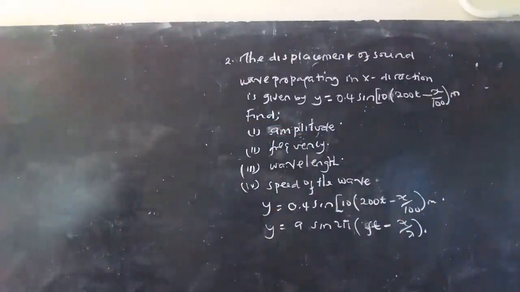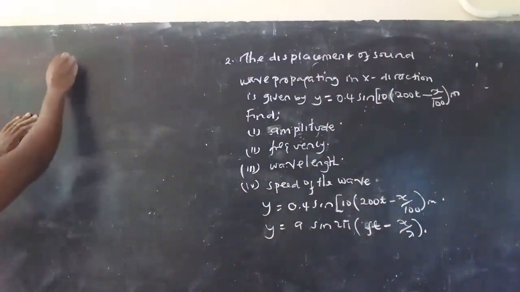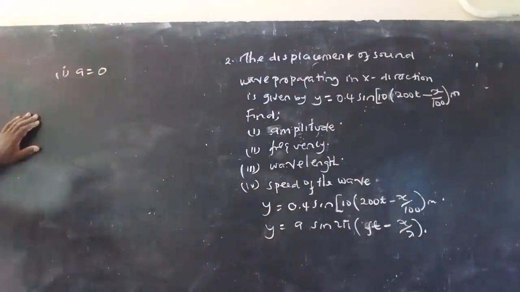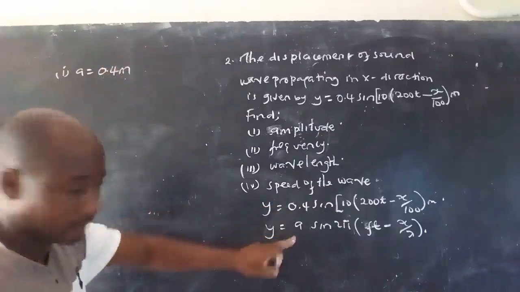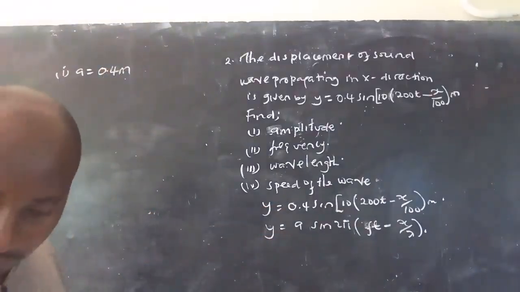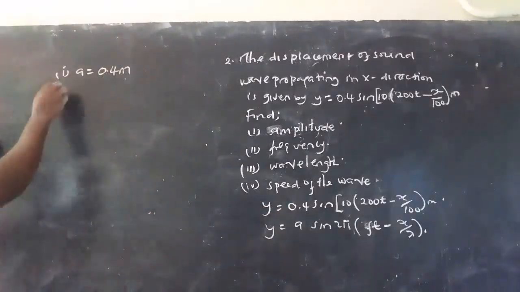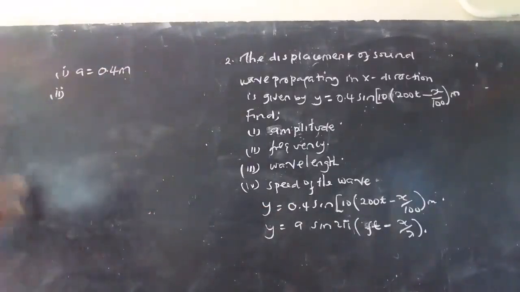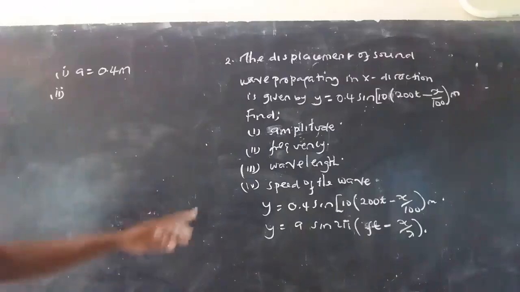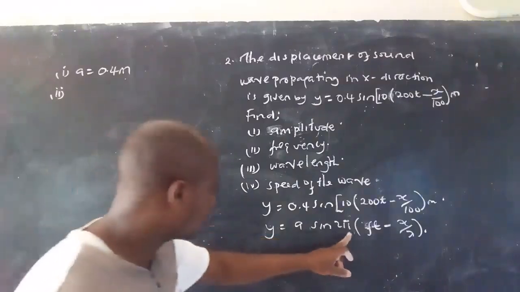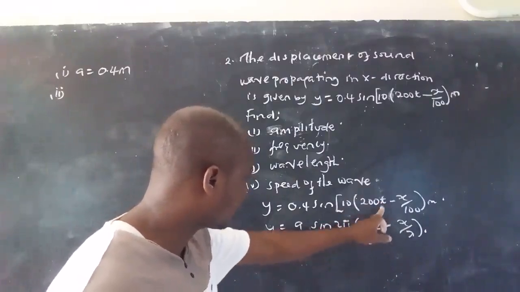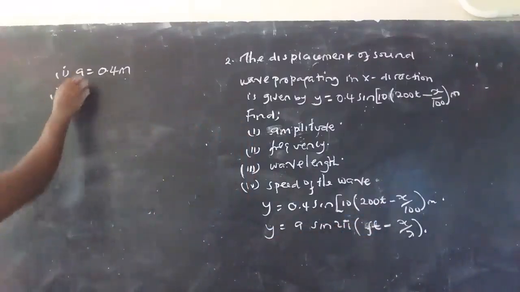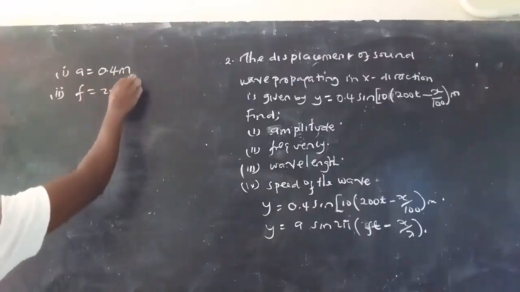So when you compare part 1, we shall get our amplitude as 0.4 meters. Then part 2, we compare the frequency coefficient. This is 2 pi, the bracket is here, so where is t? That's what the frequency is. So our frequency is 200 Hz.